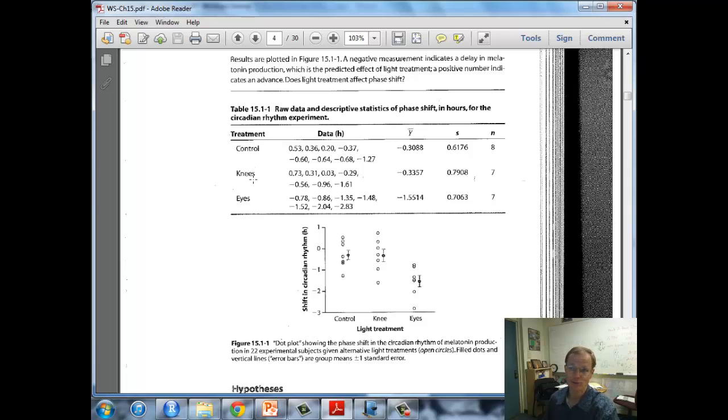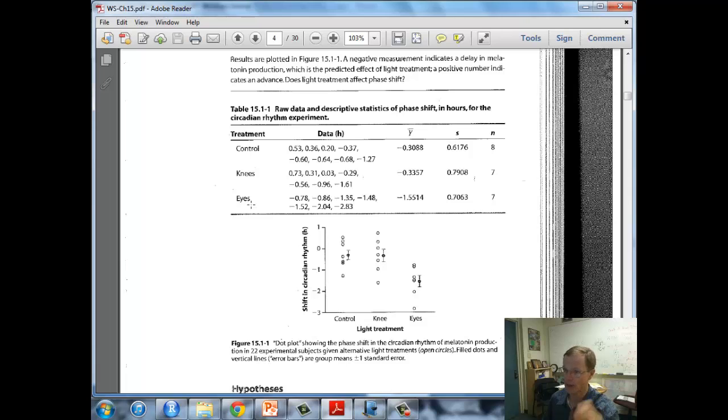There was a knees group whom they woke up at night and they shined light on the back of their knees. And then there was an eyes group where they woke them up and they shined light in their eyes. And they wanted to see if the treatment had an effect on shifting their circadian rhythm.